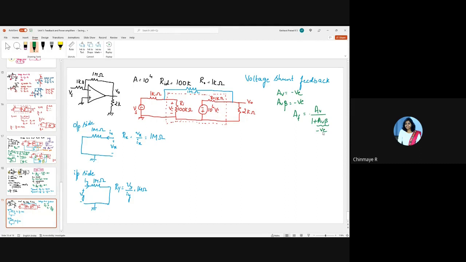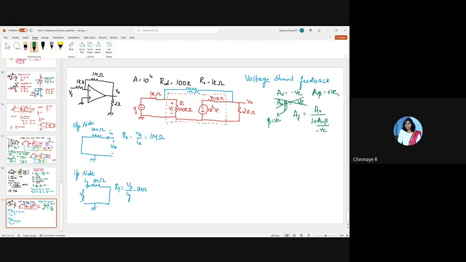But that cannot happen because here we are giving a negative feedback. Correct? So one catch here is whenever you have AV negative, your beta will also be negative. So therefore AV into beta will not be negative. AV into beta should always be positive for a negative feedback.